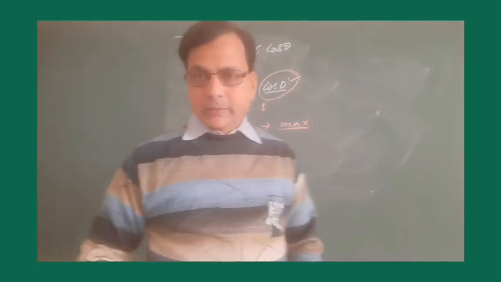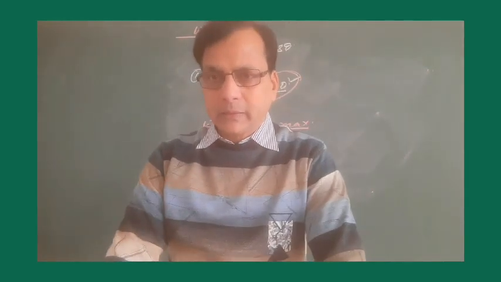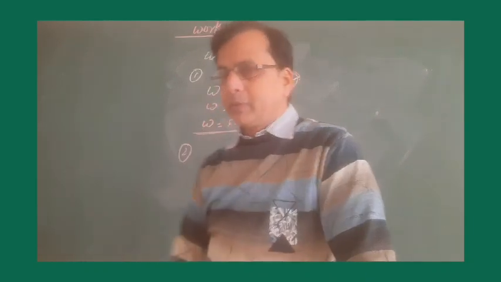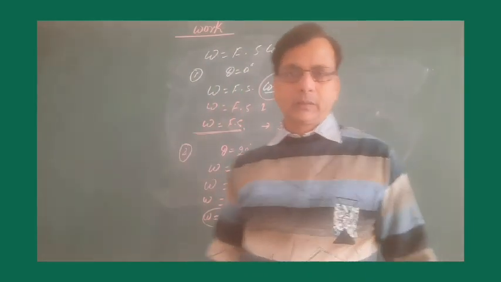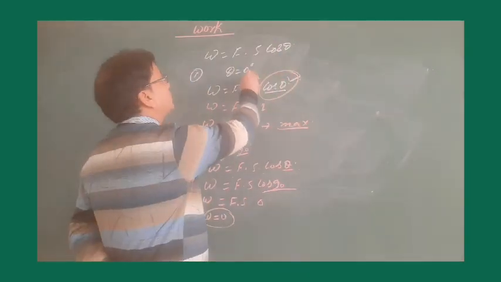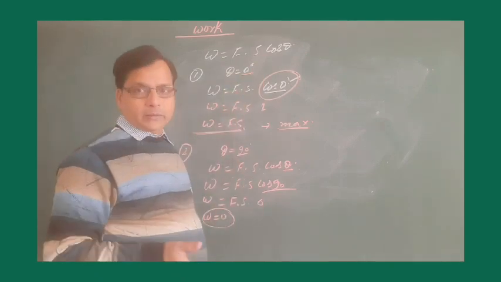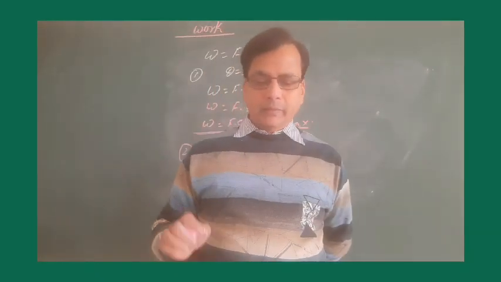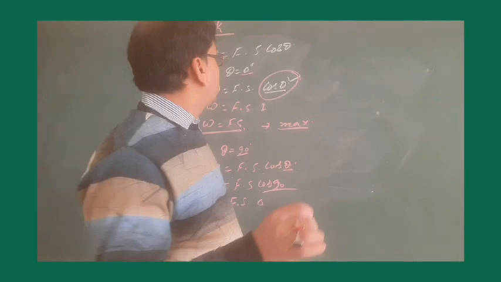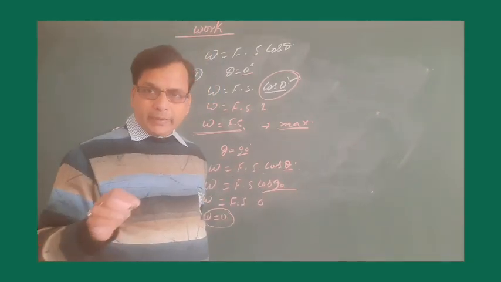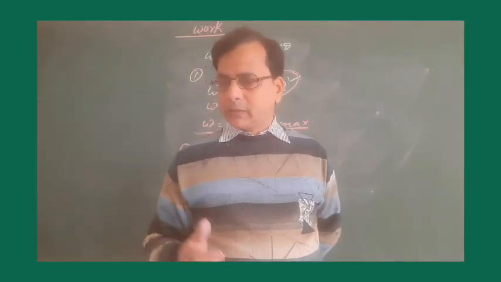In the two special cases here, the first case is the angle between the force and displacement is 0. Then what is the work done? It is clear that if the angle between force and displacement is less, then work done is greater.